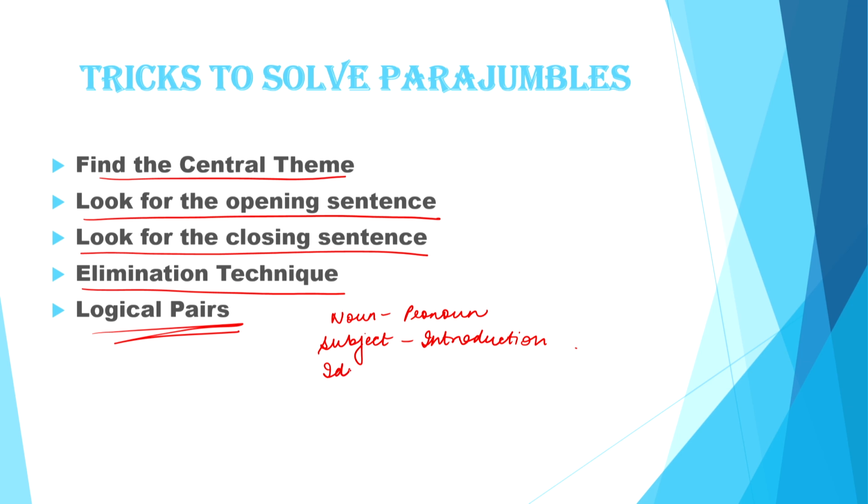Next, idea and example. Ideas always precede the examples. Some parajumbles contain ideas and examples of those ideas. The examples always follow the ideas. So, if any sentence serves as an example, it should be placed after the sentence it is serving as an example. Clear? Let us understand this with the help of an example.